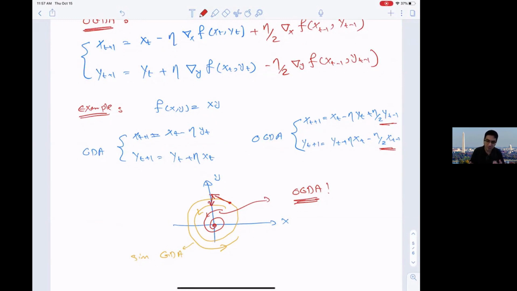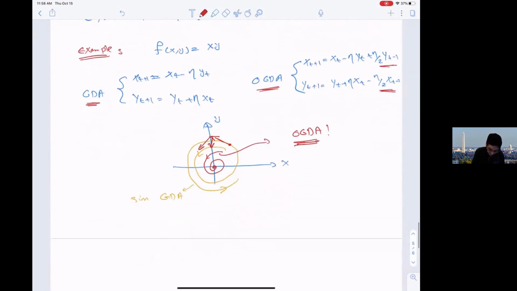So the combination of these two forces, one that takes me away from the origin, and the other that pulls me towards the origin, means I'm going to get closer and closer to the origin, so it converges to the global saddle point. That's a very small change, but a very big help in terms of convergence.